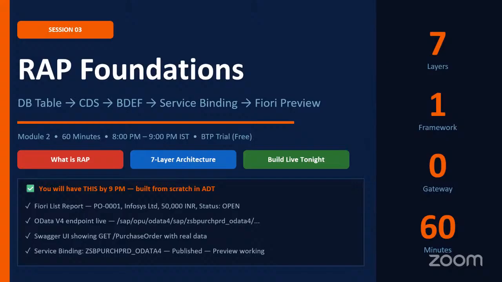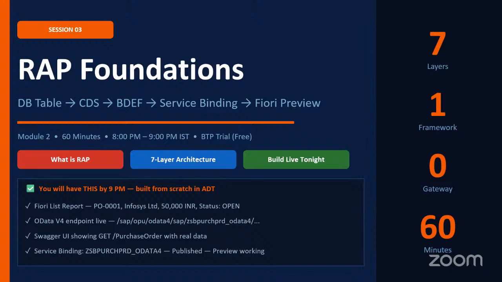Now here is the connection to today, and I want you to understand this clearly. In RAP, which we build from the next slide onwards, every CDS view we create is automatically an ABAP Cloud data access object.